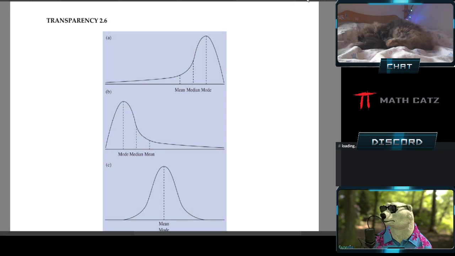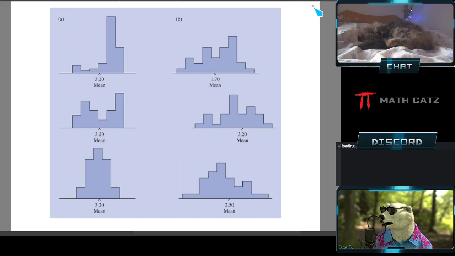Now, let's have a look at this. These few histograms. Let's look at B first, this right side, where the distribution is pretty much the same. Not exactly the same, pretty much the same.